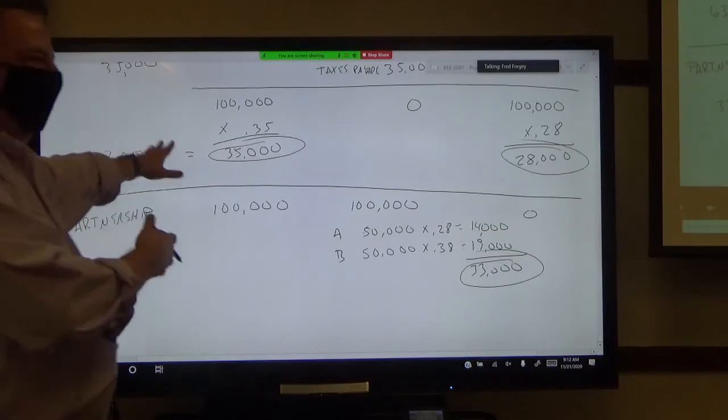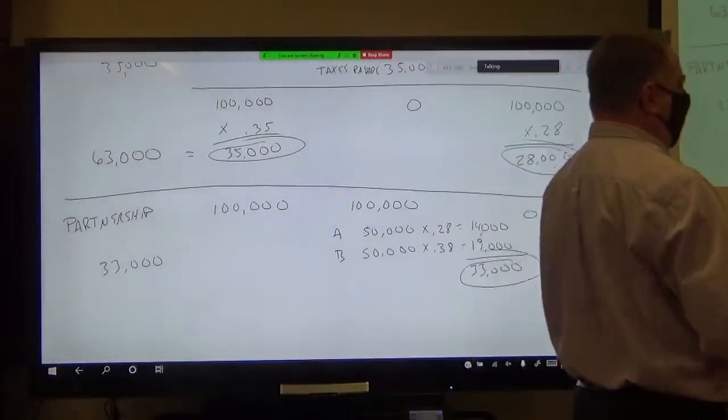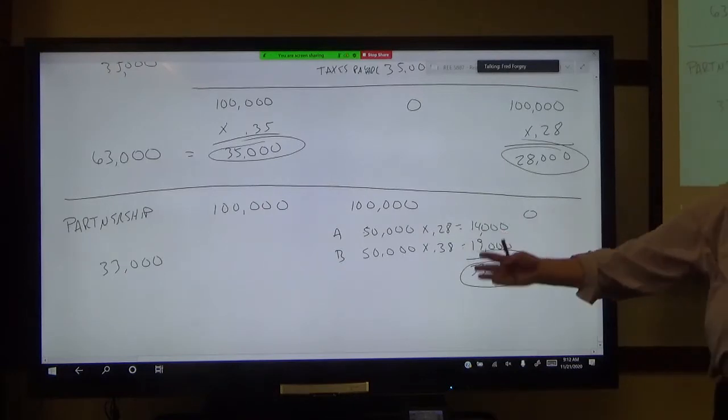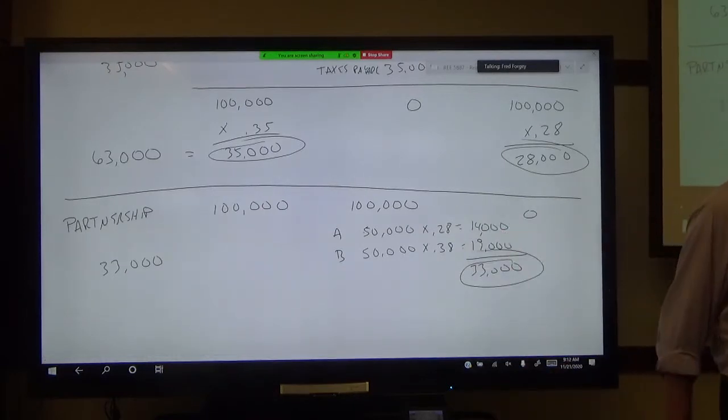Okay, it's great. Now, the problem with partnerships is you don't have as many legal protections against people suing you as you do with corporations. With corporations, if you're a shareholder in a corporation, your liability as an individual shareholder is limited to the amount that you personally have invested in that corporation in terms of your stock.